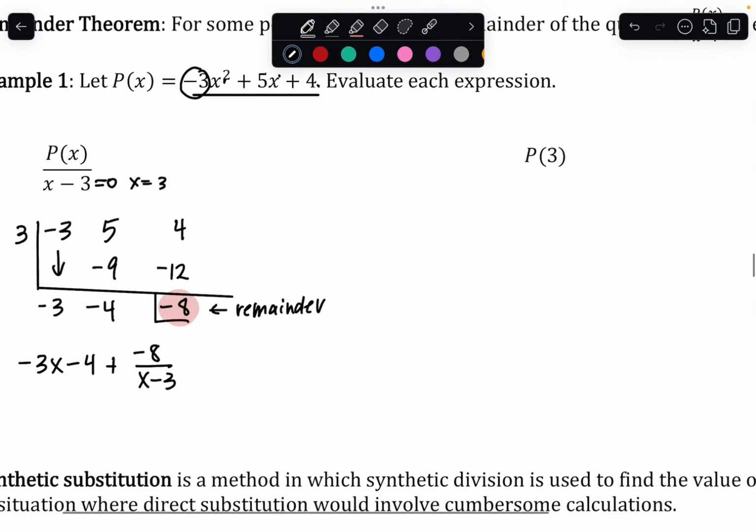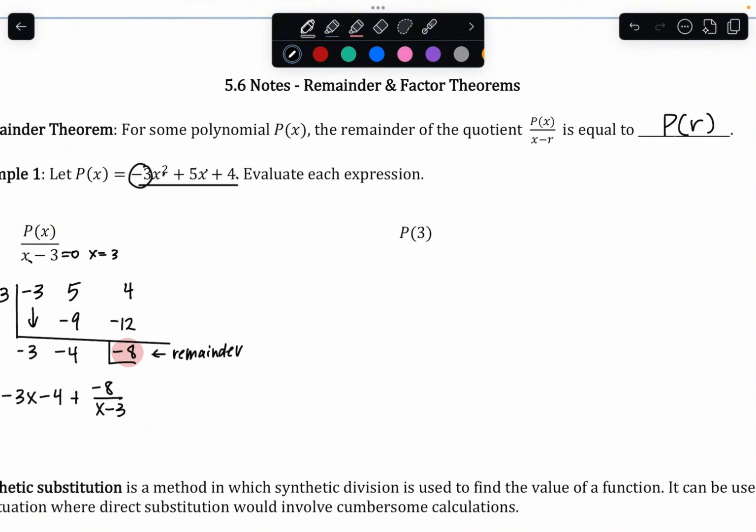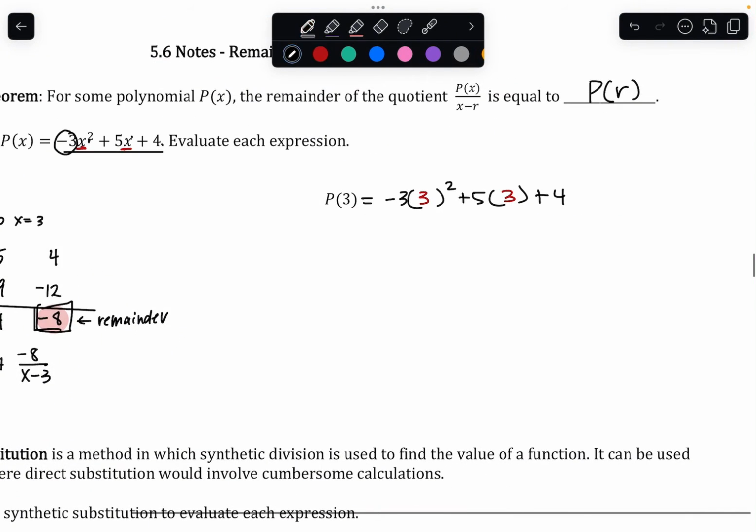Okay, and so now when I evaluate p of 3 according to the remainder theorem, p of x divided by x minus 3 should equal, the remainder of that should equal whatever p of 3 is. So p of 3 just means we are replacing the x in p of x with the 3. And so notice we have x in two places. If I replace that x with a 3 and then evaluate, we would do negative 3 squared first and get 9. 5 times 3 is 15.